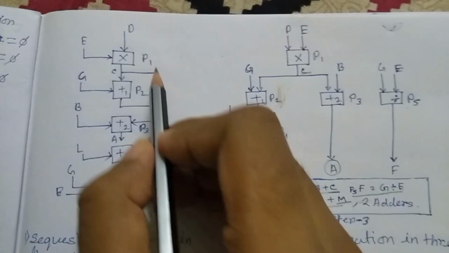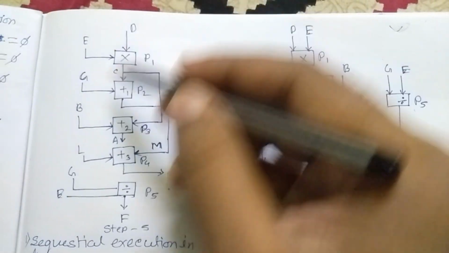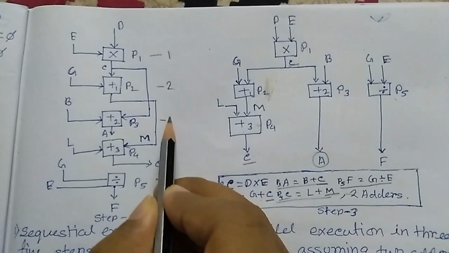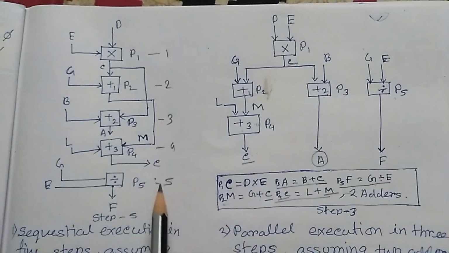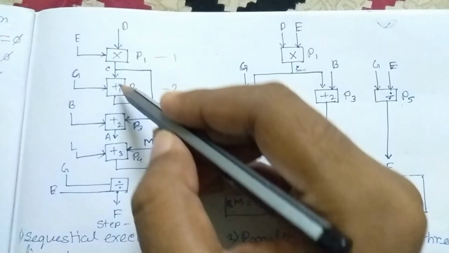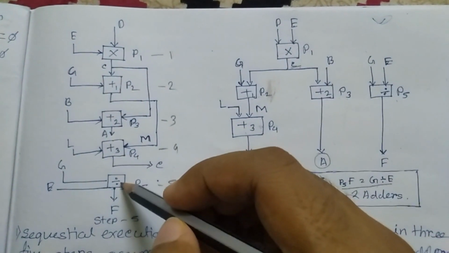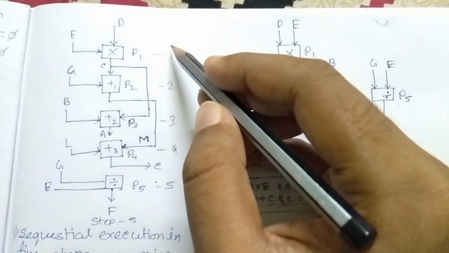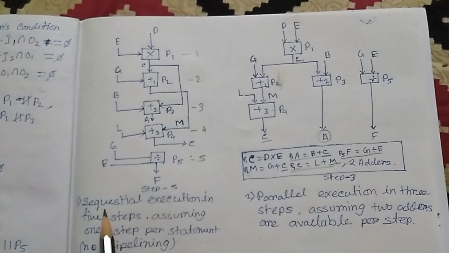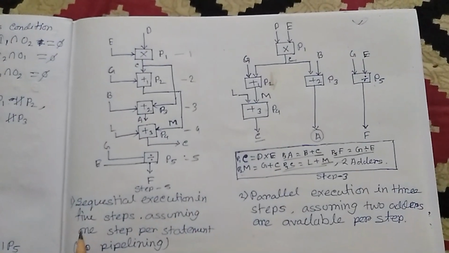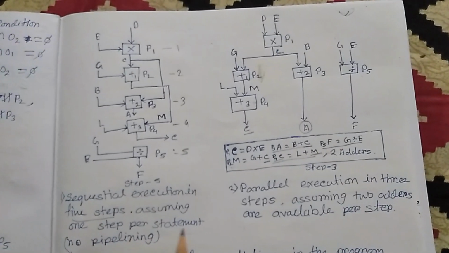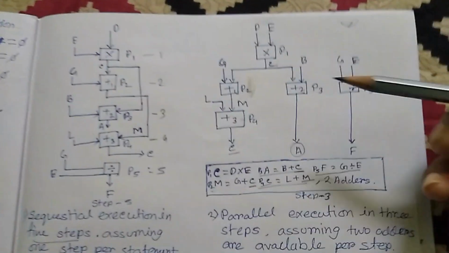So here we can count in how many steps the processes are going. This is the first step, this is the second, this is the third, this is the fourth, this is the fifth. Here we can see that every statement requires one step. So in the linear or sequential way of execution it happens in 5 steps, assuming one step per statement.